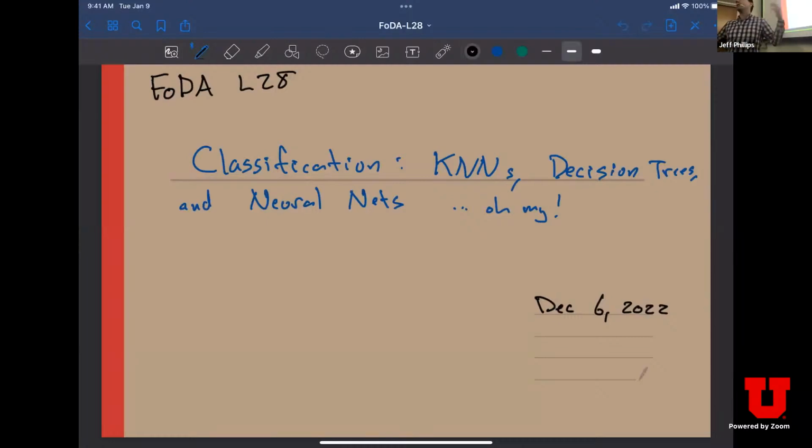But I will try and build on what we've done so far in the class to explain things like k-nearest neighbor classifiers, decision trees, which lead into random forests, and neural networks, which you'll see, the ideas there are a direct extension of the things we've done, but are more complicated in a variety of ways.